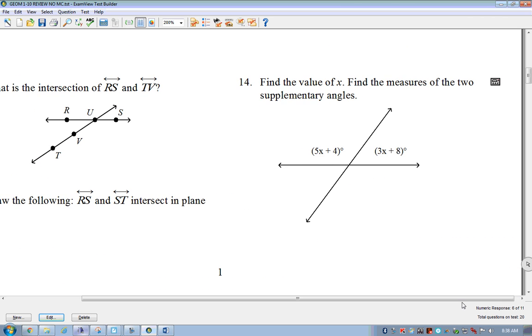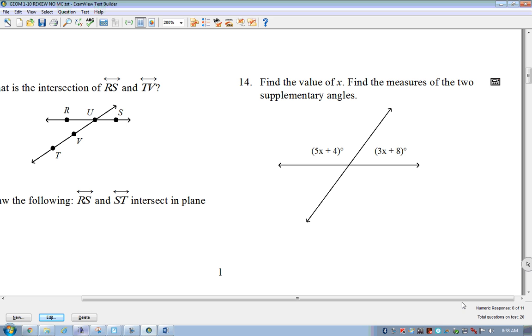It says find the value of x, find the measure of the two supplementary angles. Supplementary means what? A little louder. What do you think? Don't know? Okay, it's probably a word that we need to know. Equals 180 degrees. More precisely, adds up to 180 degrees.